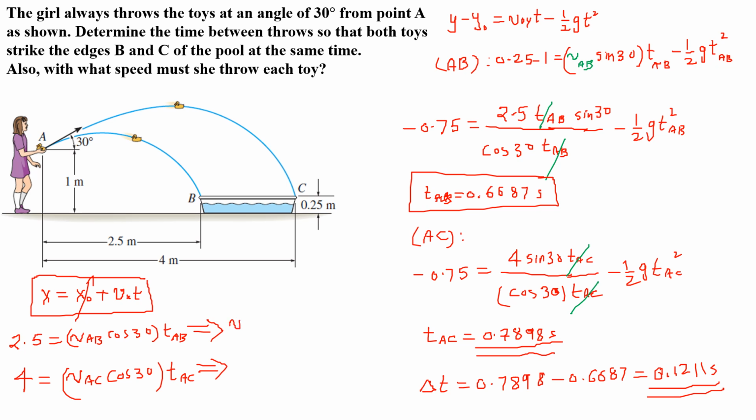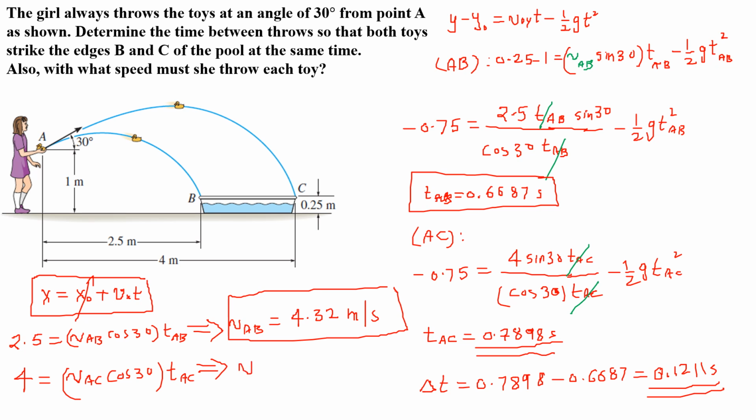So VAB is 2.5 divided by cos 30 times TAB, which is 0.6687. I'll write the final answer in three significant figures: 4.32 meters per second.